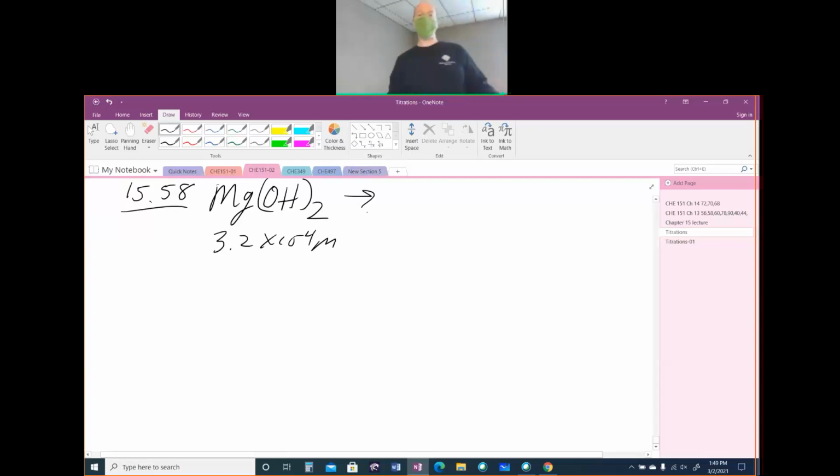So we have a saturated solution, which means that we dissolved as much as possible. And so the most that could dissolve was 3.2 times 10 to the minus 4 molar of Mg(OH)2. So when that dissolves, that goes into Mg 2 plus and 2 OH minus. And so it all dissolved in this solution. And so this goes to 0, and this is minus x, plus x, and here is the tricky part.